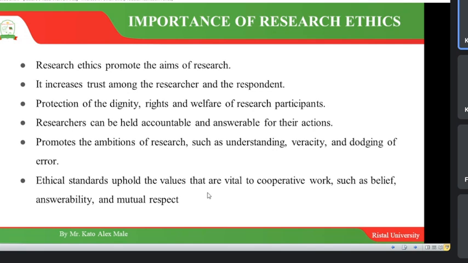Protect the dignity, rights, and welfare of your participants. Do not exploit them just because they are sometimes women. I'm not saying all of them, but there is this example: because I'm a woman making this investigation, it will be easy for me to get information from a man. I don't know whether you get it.